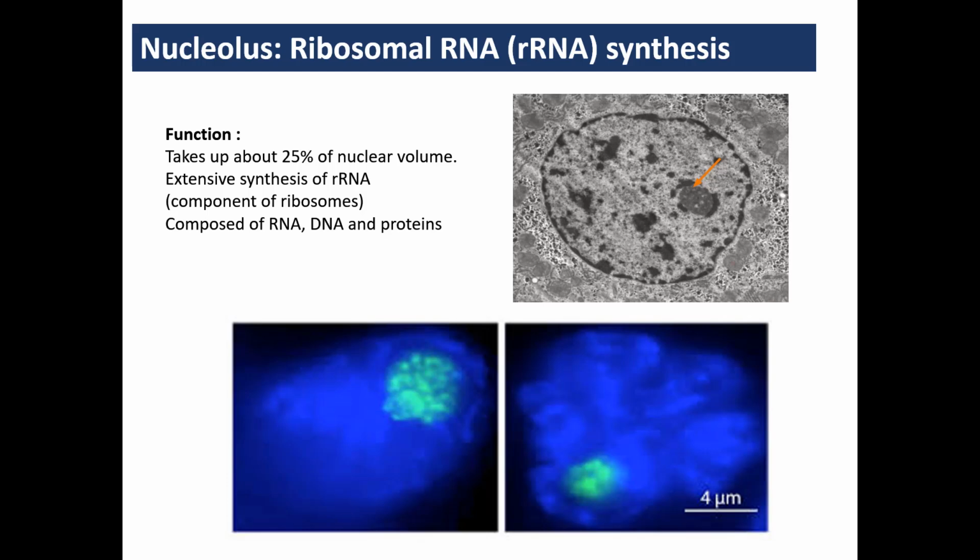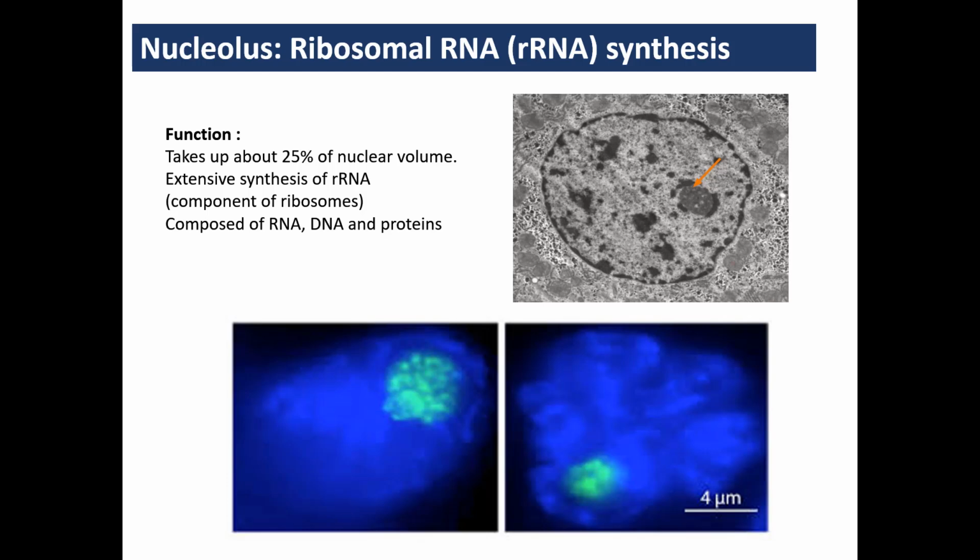Next, we come to nucleolus, where the major function is ribosomal RNA synthesis, or rRNA synthesis. We have three kinds of RNA. We have mRNA, which is the messenger RNA, which codes for the proteins. Then we have tRNA, or transfer RNA, and then we have rRNA, or ribosomal RNA, which constitutes the RNA present in the ribosomes.